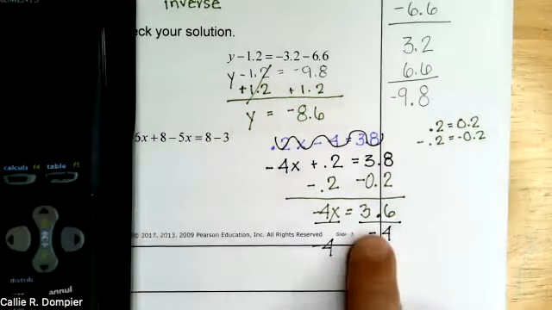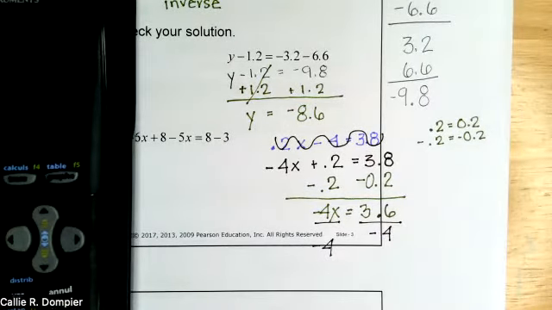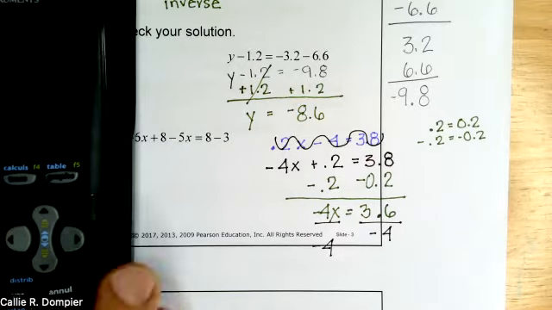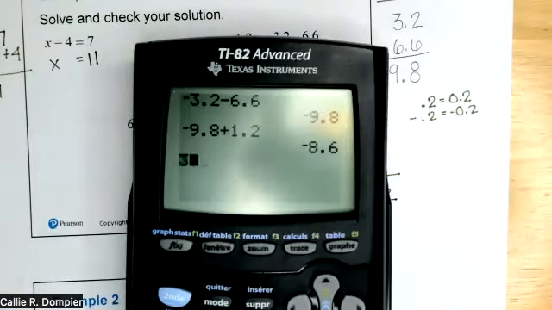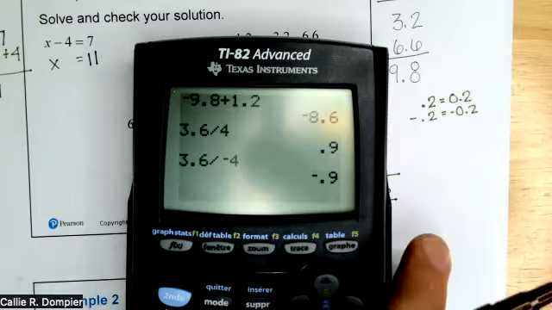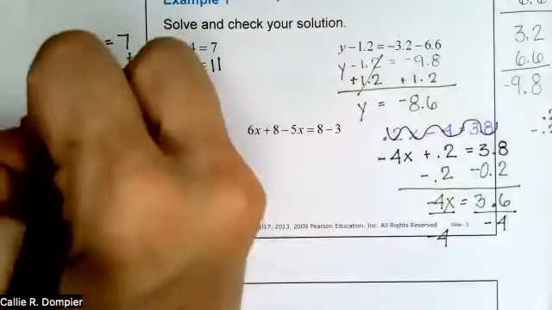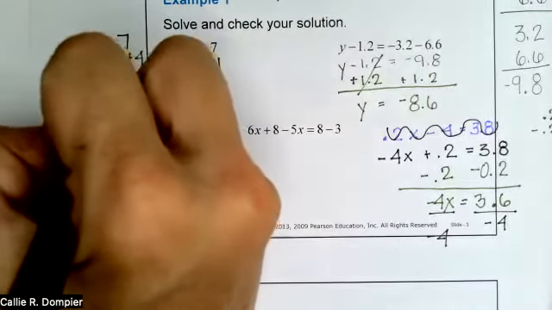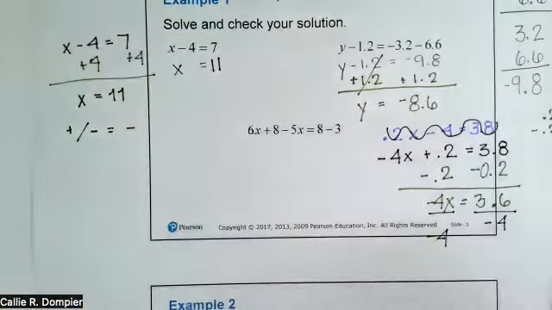Here I need to take the 3.6 and divide it by negative 4. If your calculator doesn't have a negative, that's okay, because 3.6 divided by 4 and 3.6 divided by negative 4 are going to give you the same number. You just have to decide whether it's a negative or positive, okay? If I'm taking a positive, dividing it by a negative, my answer is always going to be negative.